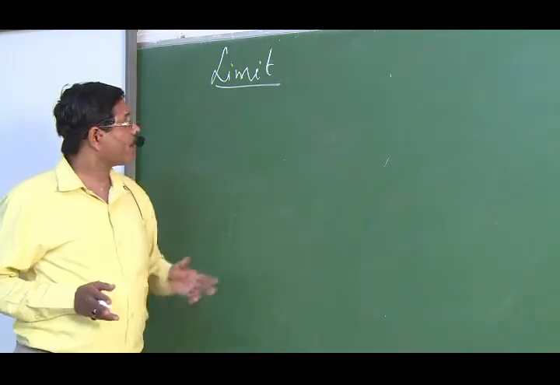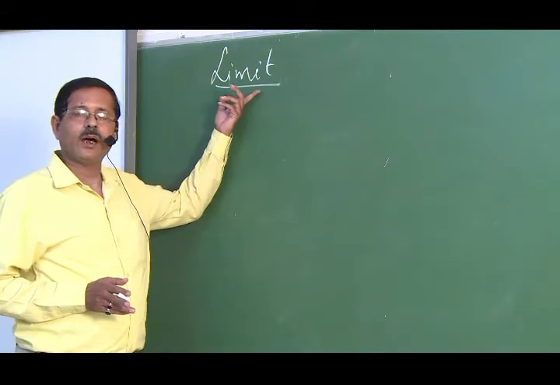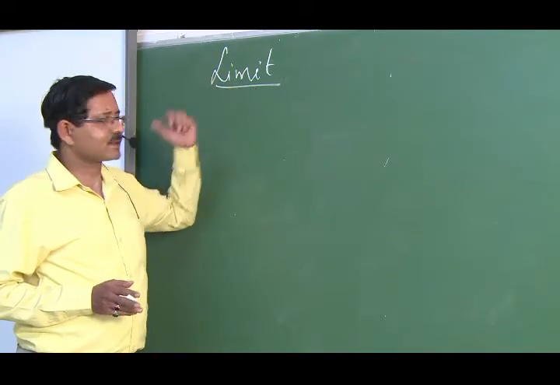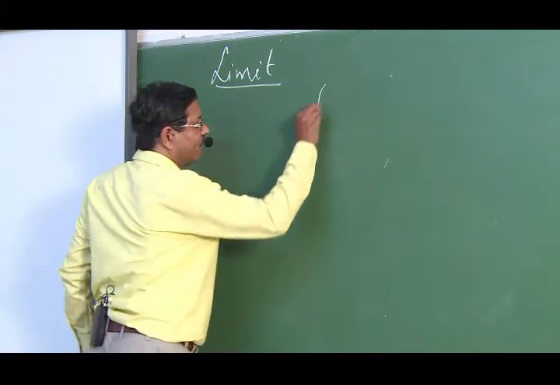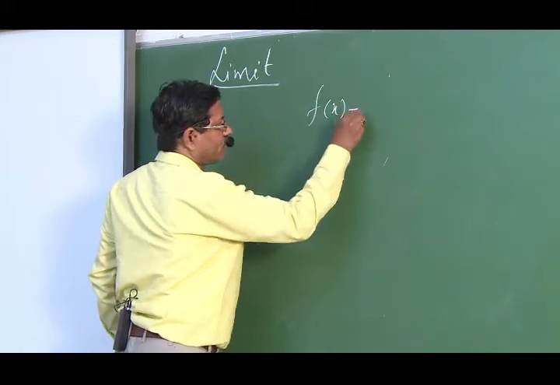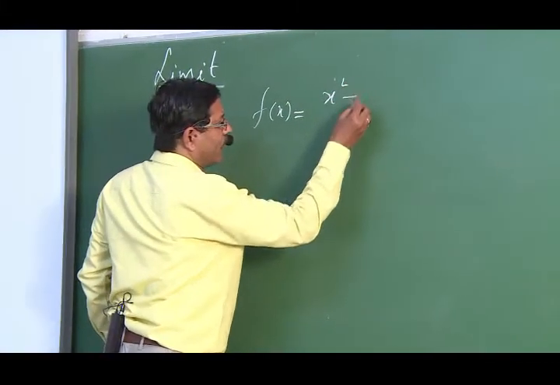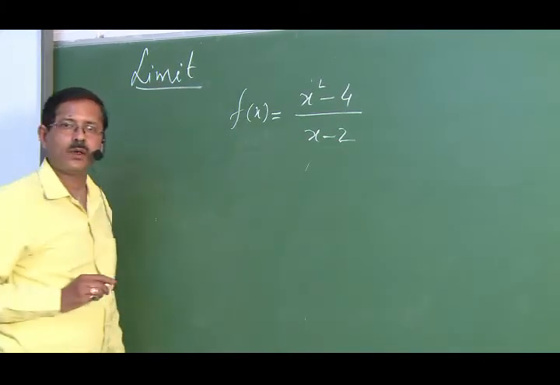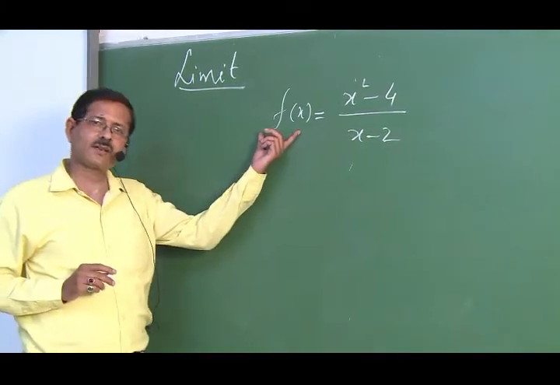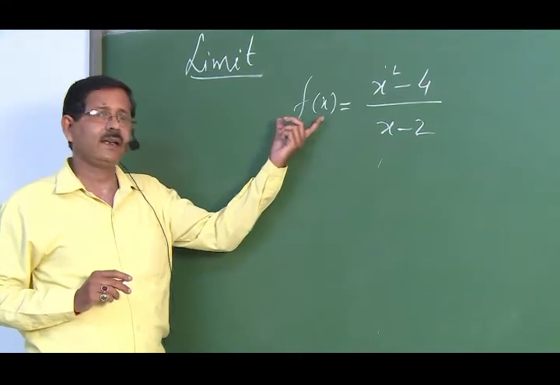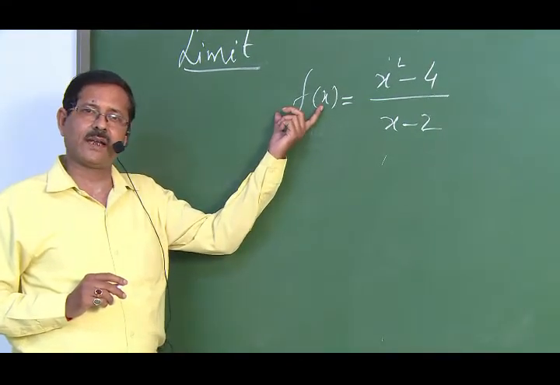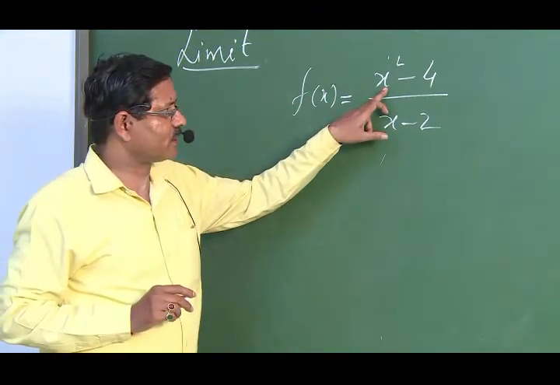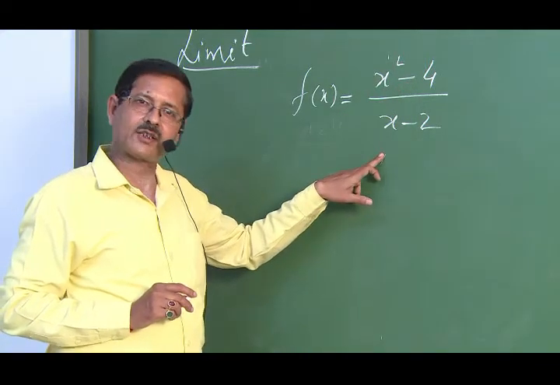Now first of all, I will introduce you to the concept of limit. Let us consider a real valued function f(x) which is (x square minus 4) upon (x minus 2).